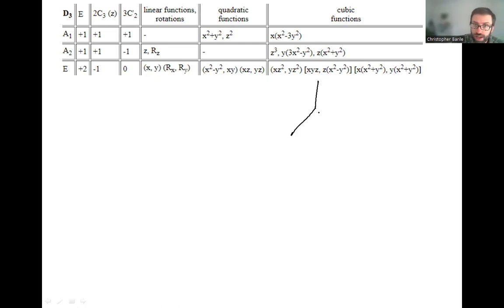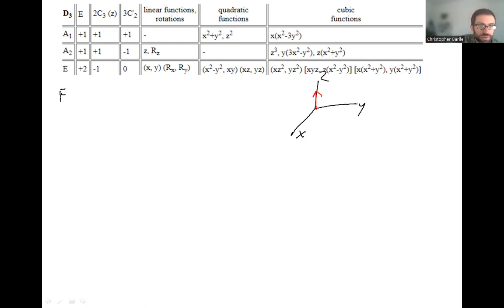So let's draw out an axis system, x, y, z. And we know that our principal rotation axis, the C3, always has to be defined as on the z-axis. So if I think about the z function first, that's going to be represented by a z vector.